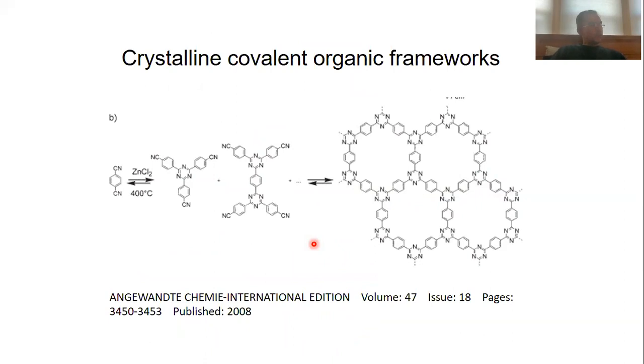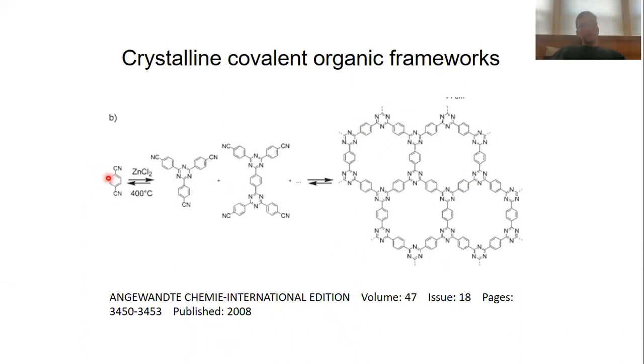One class of quite stable covalent organic frameworks are triazine-based covalent organic frameworks. And these covalent organic frameworks have a triazine unit, as you see here, composed of 3 nitrogens and 3 carbons that are interconnected by rigid organic groups. Okay, so these covalent organic frameworks can be prepared from nitriles.